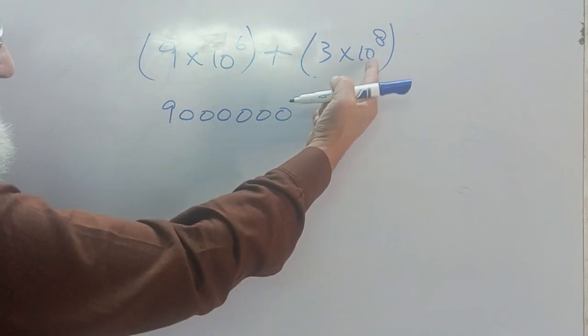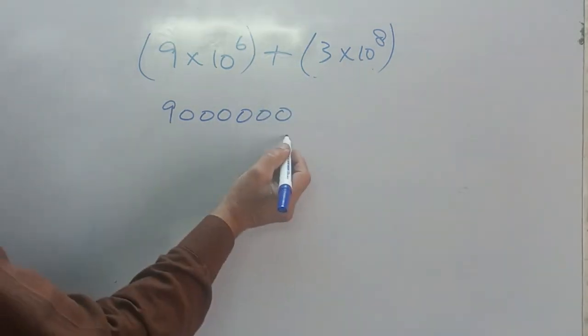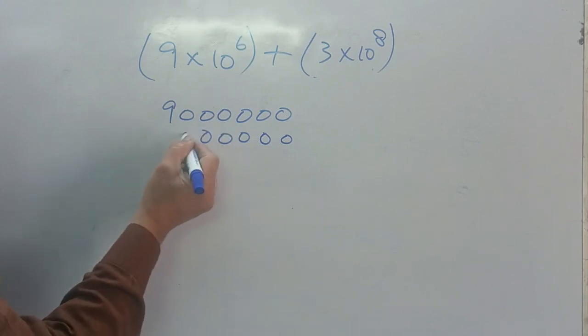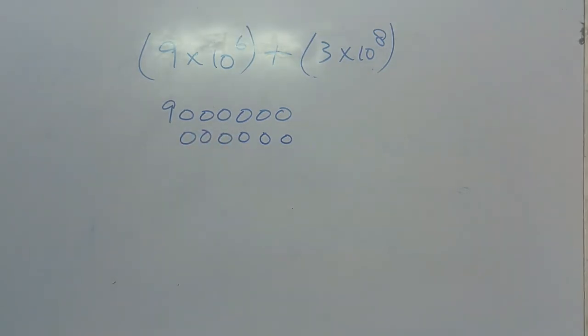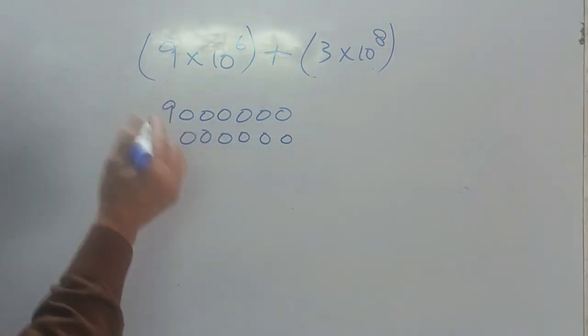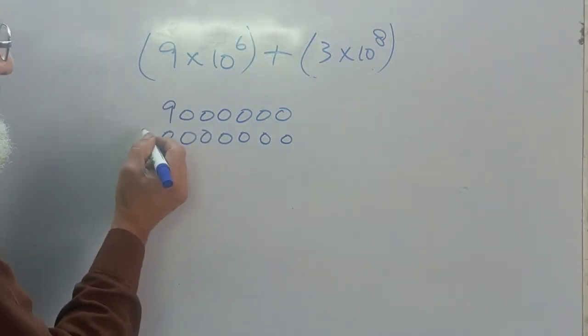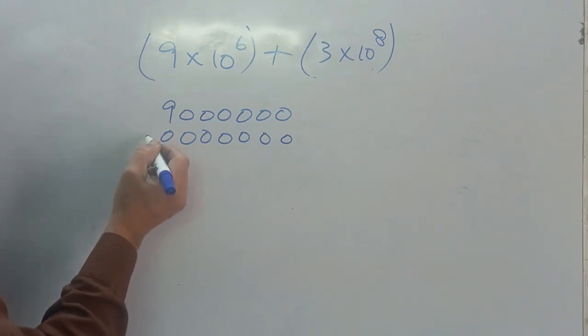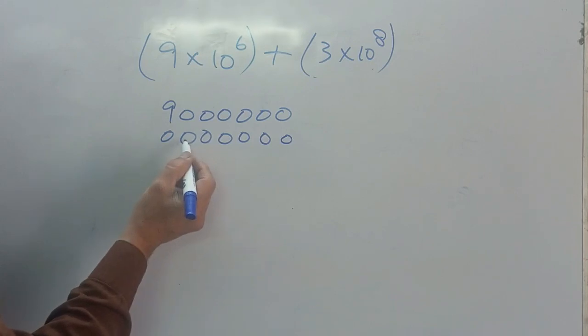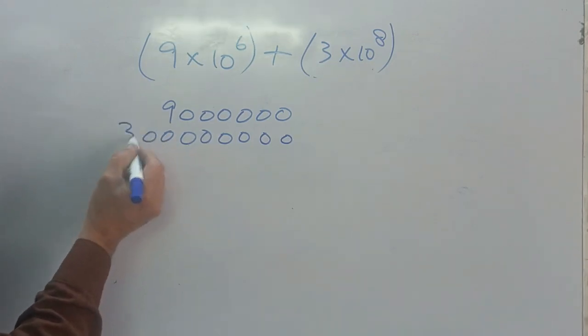Now write these 8 zeros, writing from the unit side. The 6 are already consumed. Now the 7th and 8th zeros are like this: 1 2 3 4 5 6 7 8 and then 3.